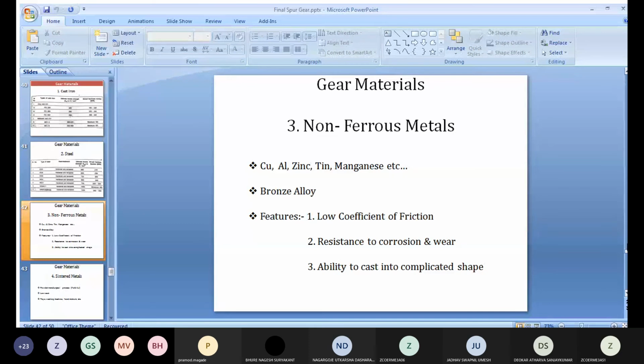Third point, non-ferrous metal. Aluminum, iron is not included.